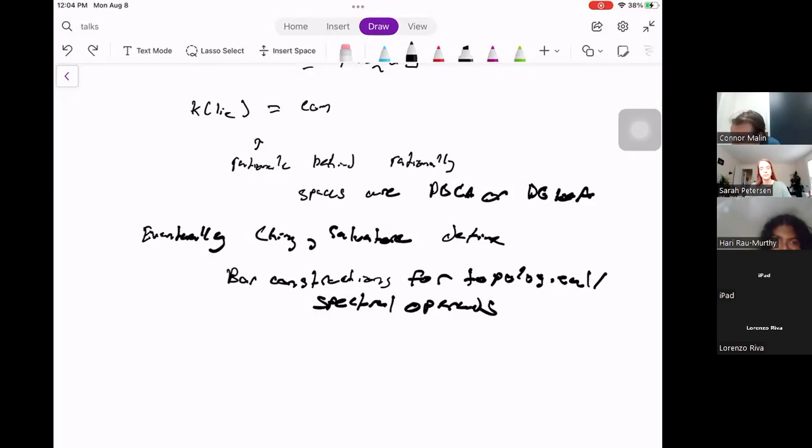And so then they conjectured that the same thing holds on the space level.